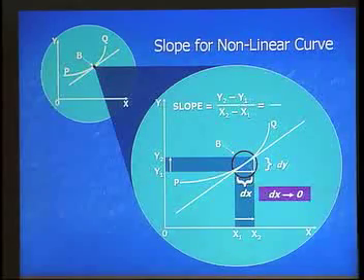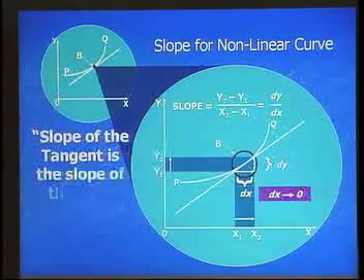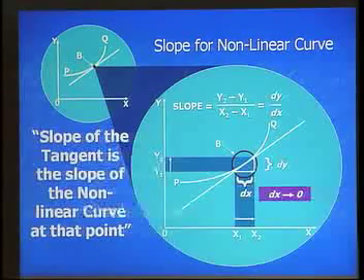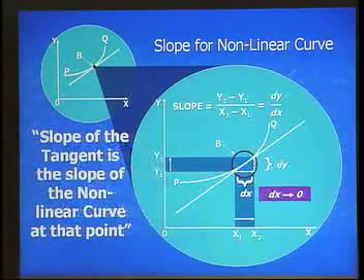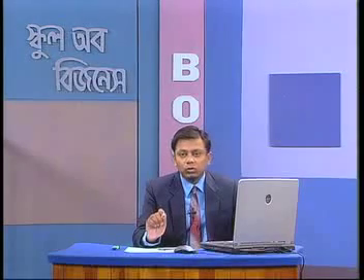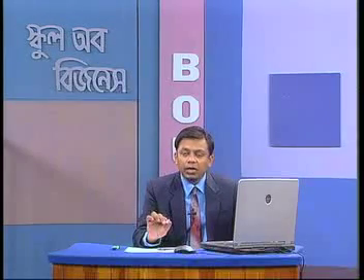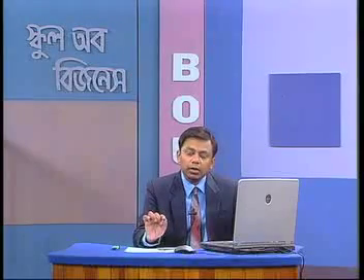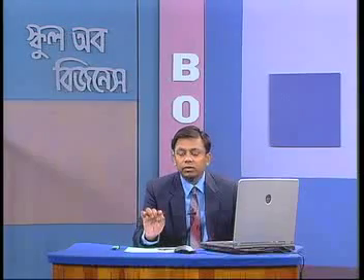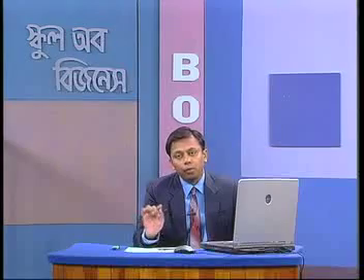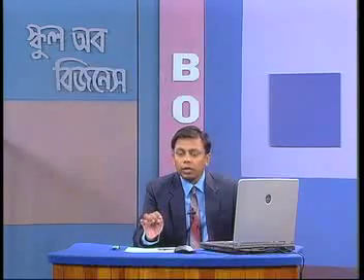You can see on the screen that the slope of the tangent is the slope of the nonlinear curve at that point. Once you determine the slope of any nonlinear curve at any particular point, you should also know that for any nonlinear curve, slope will be different at different points. Now, again we can see on the screen.